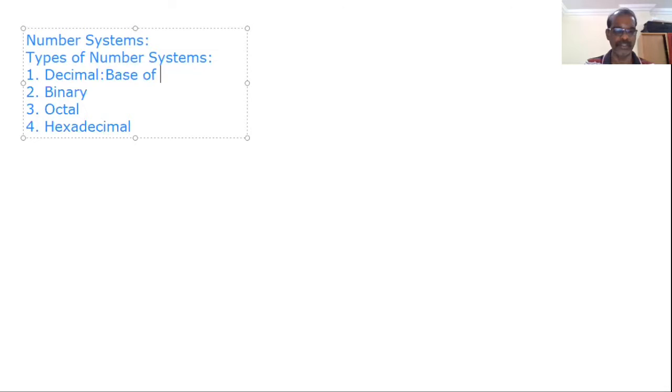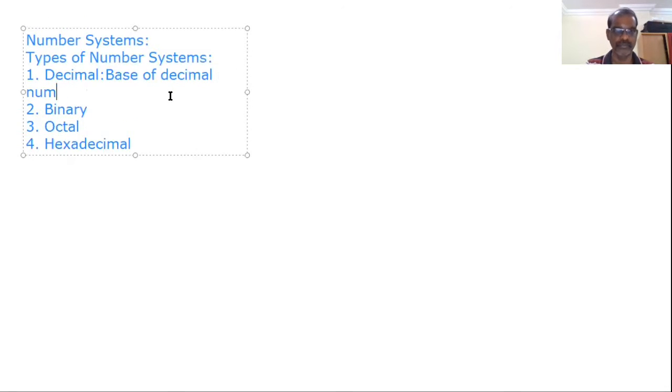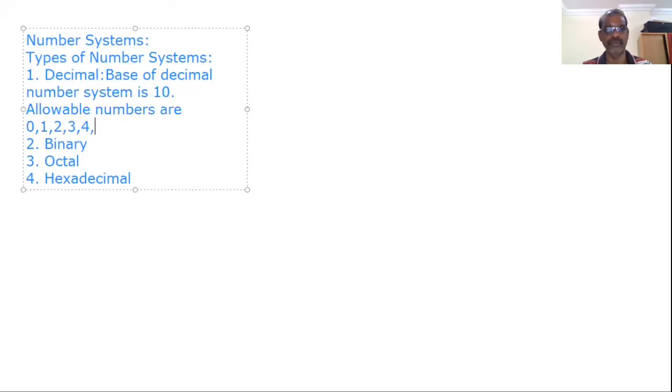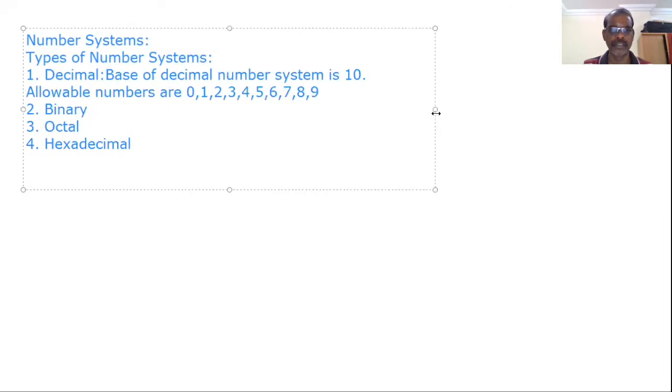Base of the decimal number system is 10. The numbers are 0, 1, 2, 3, 4, 5, 6, 7, 8, 9.